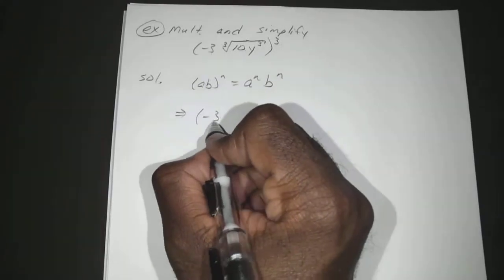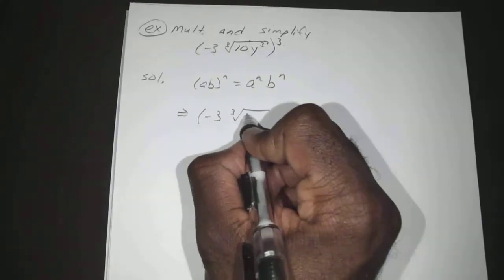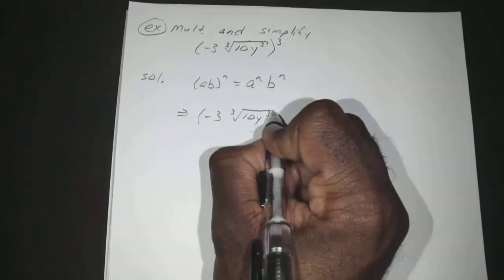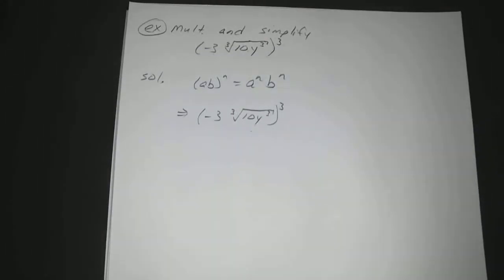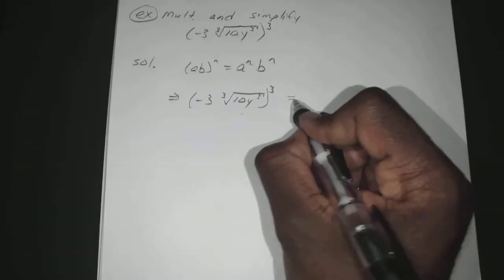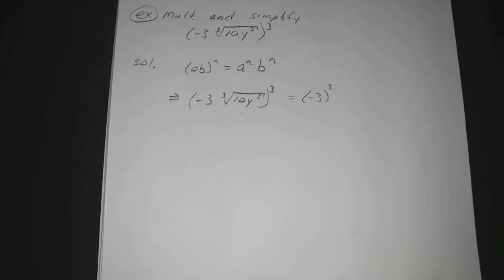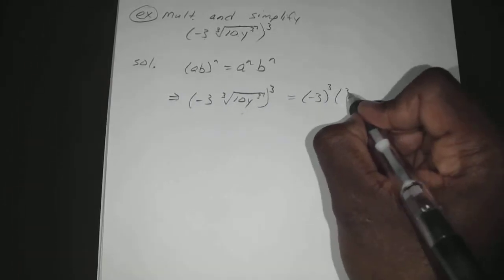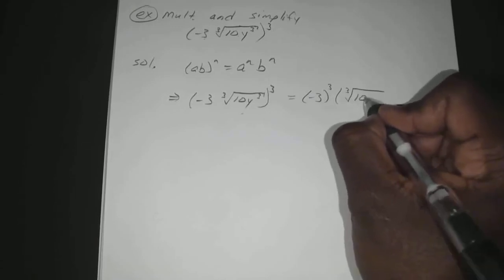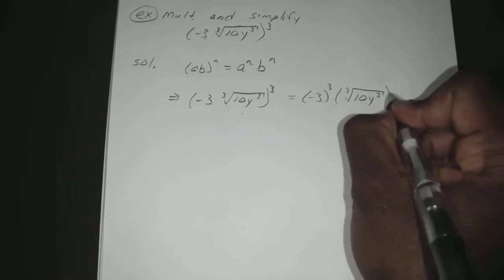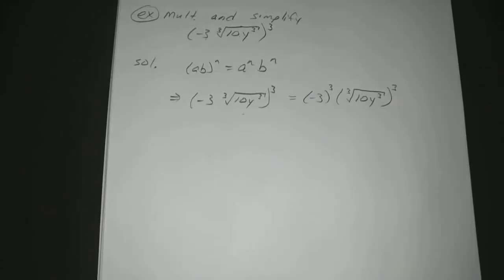Okay, so our negative 3 times the cube root of 10y to the third, raised to the third power, is just going to become negative 3 to the third power times the cube root of 10y to the third power, to the third power.